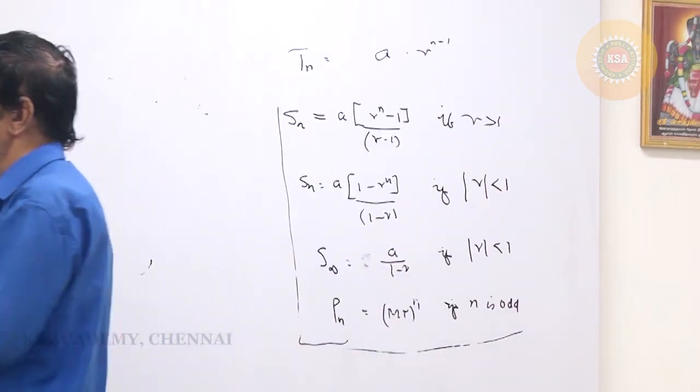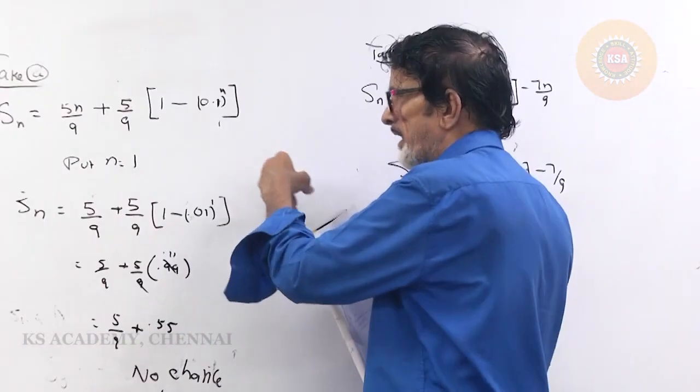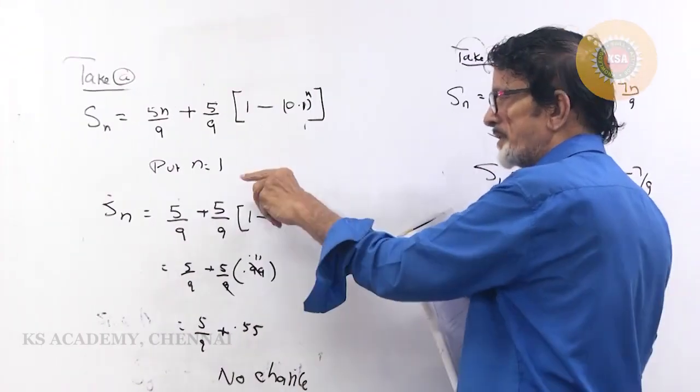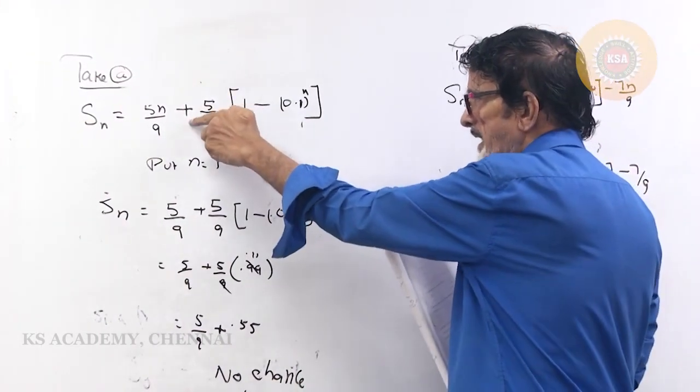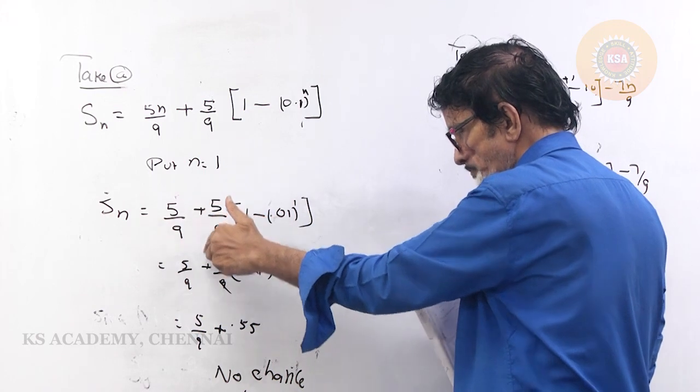Second, the minus sign is given. Take option B. Once again, take option B. Put n is equal to 1. Here we will be getting a minus.